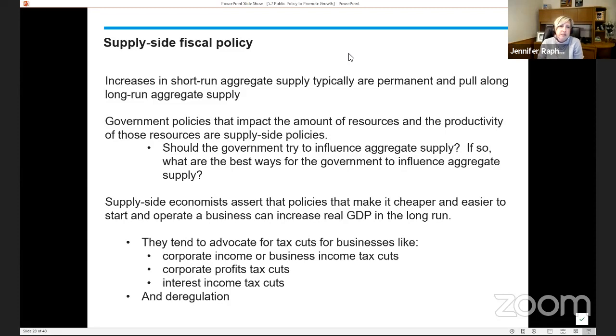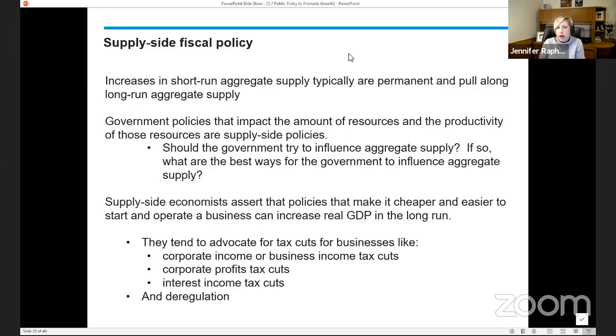So for the purpose of this discussion, it's probably sufficient to just say supply side fiscal policies are designed to influence aggregate supply, right? It's designed to, in the long run, increase the productive capacity of the economy. So that's generally what's referred to by supply side economics.